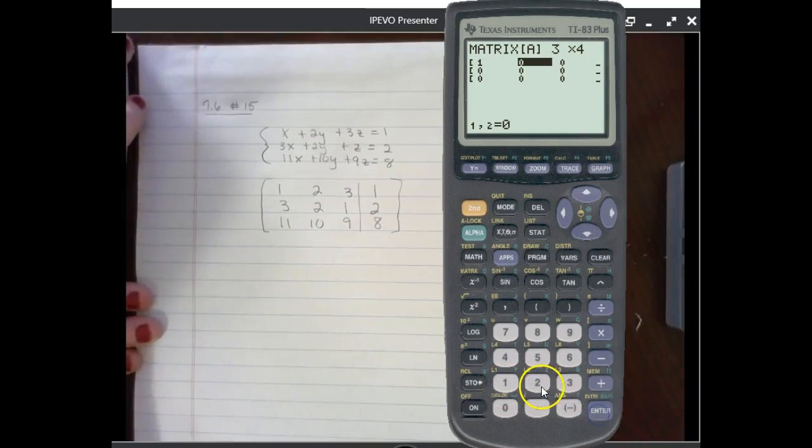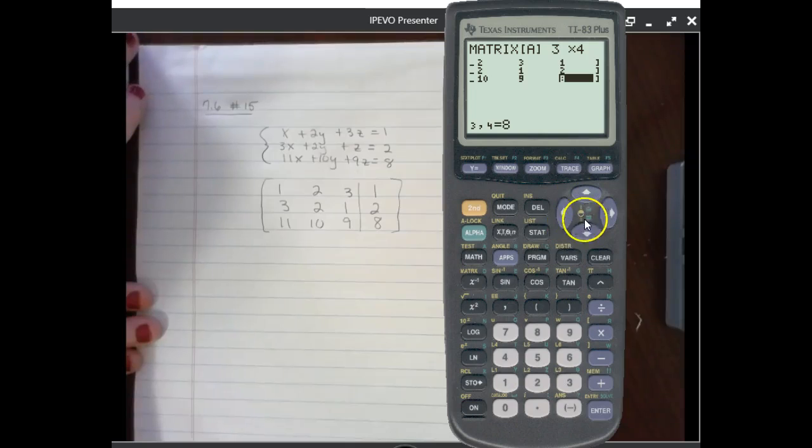And now I put my coefficients in: 1, 2, 3, 1. It's important to make sure you get your matrix correct. Otherwise, we won't get the correct answer if we don't put in the correct numbers. So I always like to double check even after I get them in, just to make sure I have the matrix correct before I do our reduced row echelon.